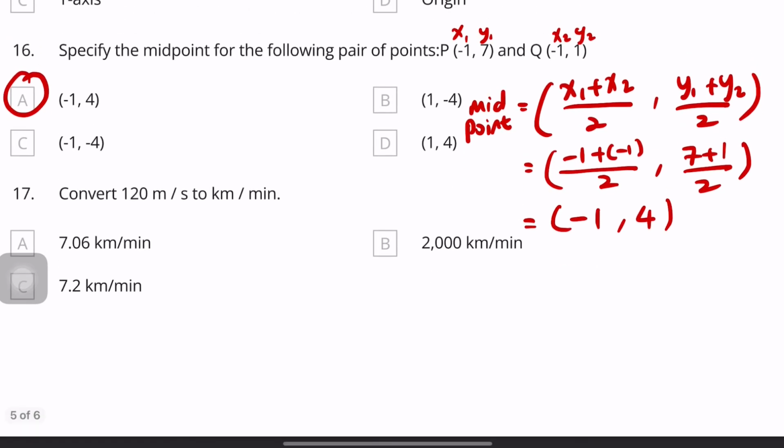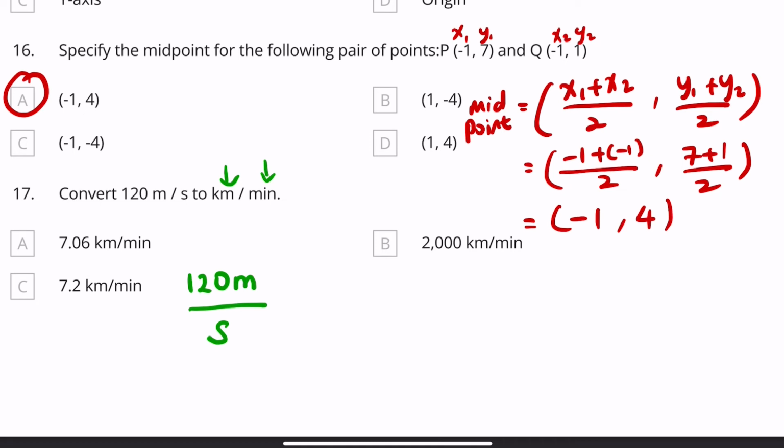Okay, next, convert 120 meter per second to kilometer per minute. For this kind of question, it's actually a simple question. So we know that we have 120 meter per second, and we want to change it into kilometer per minute.